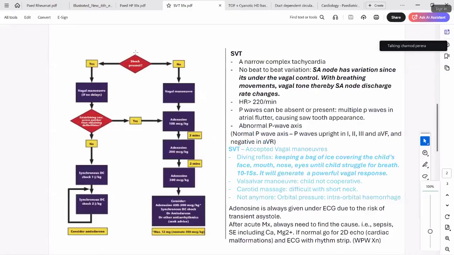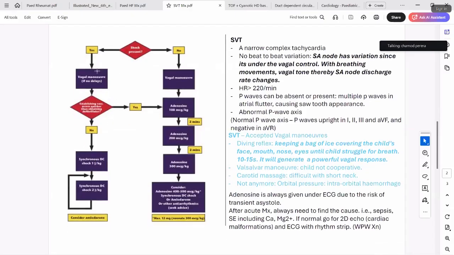Regardless of whether there is shock or not, you first give the vagal maneuvers. After that, the pathway depends on whether there is shock. If there is shock after vagal maneuvers, you need to get vascular access, and then synchronized DC cardioversion has to be done, right?